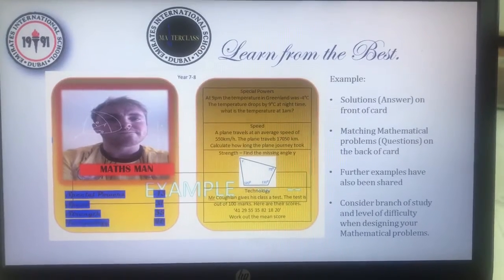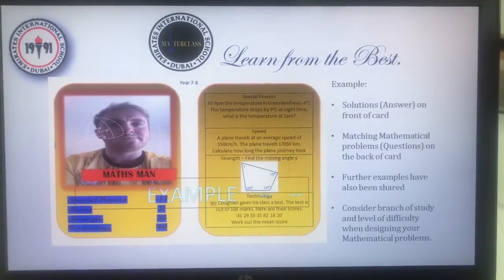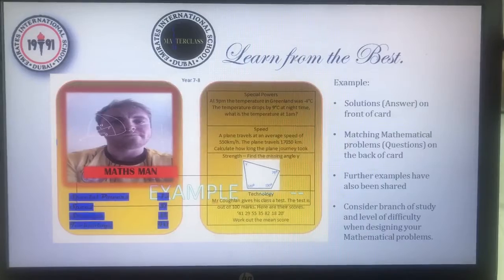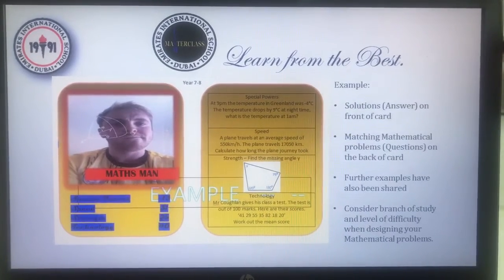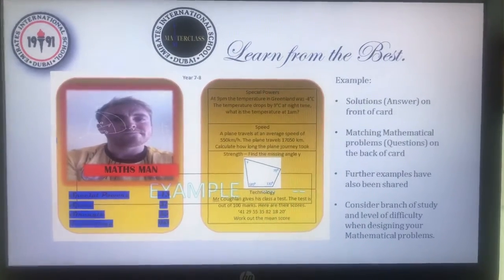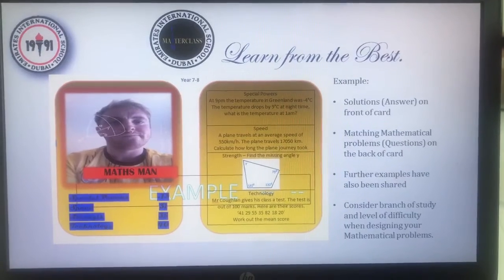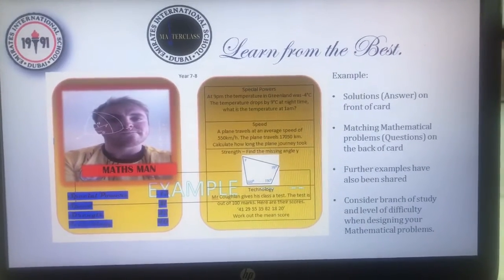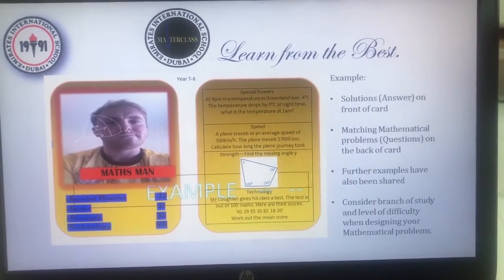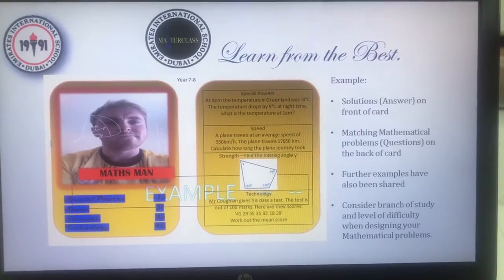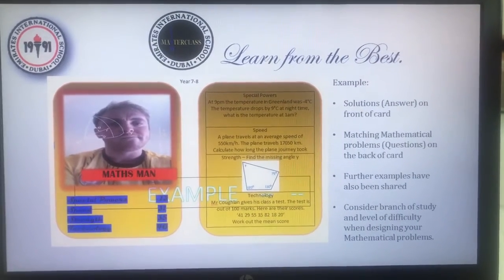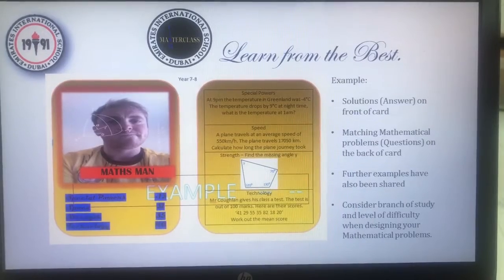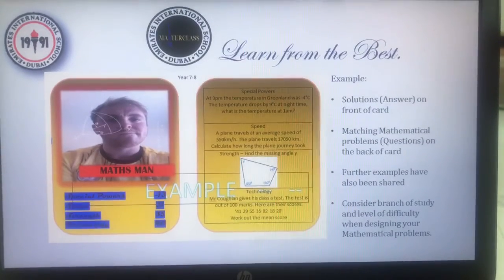So special powers says at 9 p.m. the temperature in Greenland was -4. The temperature drops by 9 degrees Celsius at night. What is the temperature at 1 a.m? And the answer to that is the rating Mathsman has for special powers. Fairly simple. And the rest of the mathematical problems follow on from that.